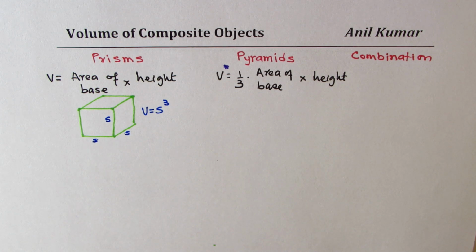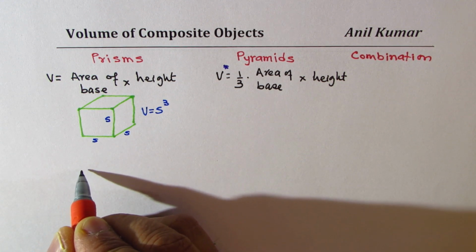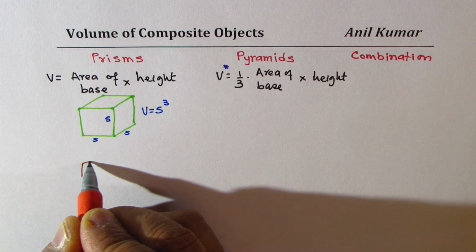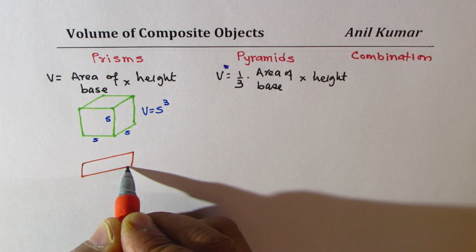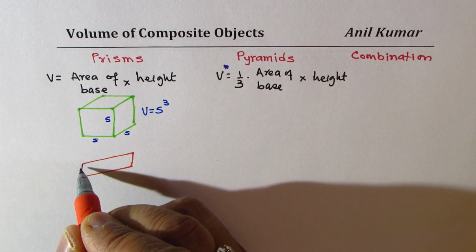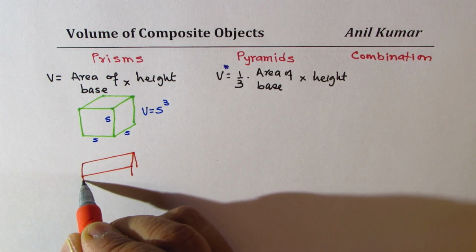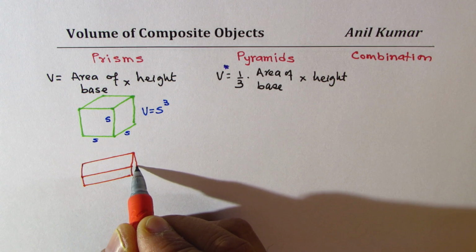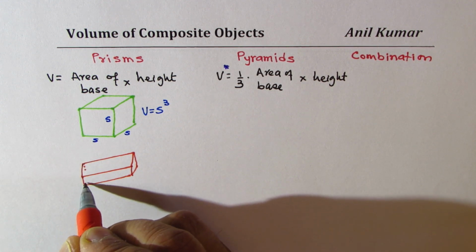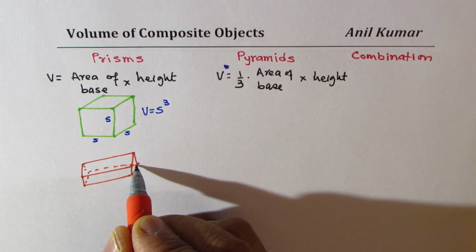Now if I take a shape which is a rectangular prism, then the dimensions will be different, right? So let me make a sketch here.